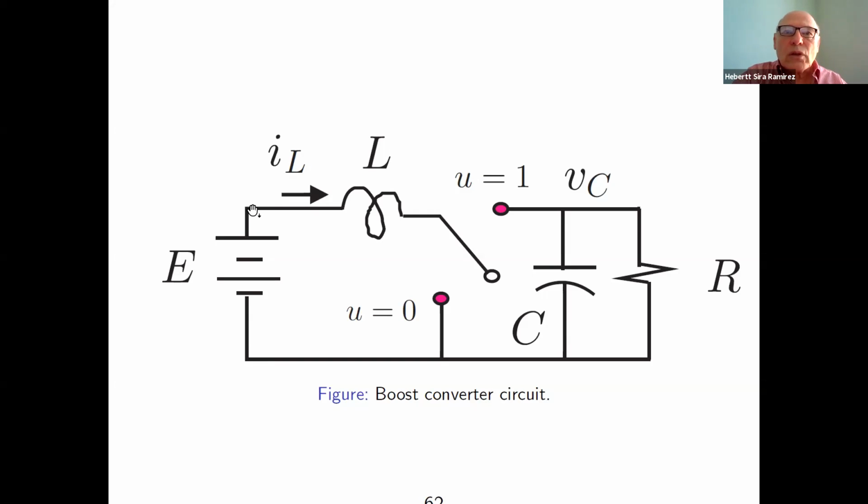You have another disturbance affecting this part of the circuit. And this is an ideal model. This is actually made of a diode and a transistor. And the diode and the transistor also exhibit some current and voltage sources that are not taken into account in this ideal model of the switch, taking two positions.